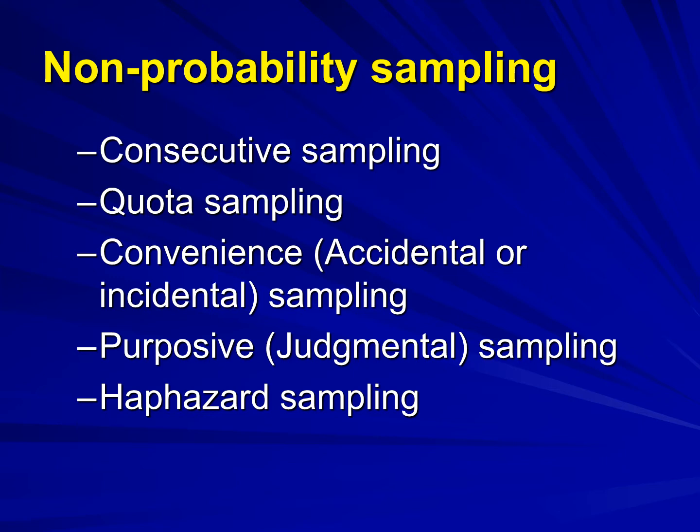Let's understand the details of consecutive sampling. Suppose you want to do a study on diabetic patients, and your objective is to measure the average blood sugar levels in diabetic patients. So what you will do in consecutive sampling, suppose your calculated sample size is 100.